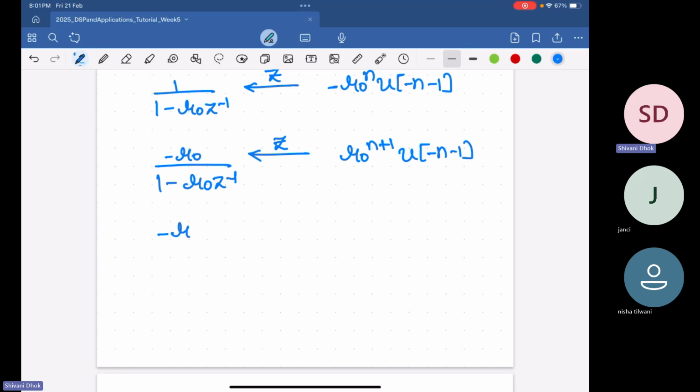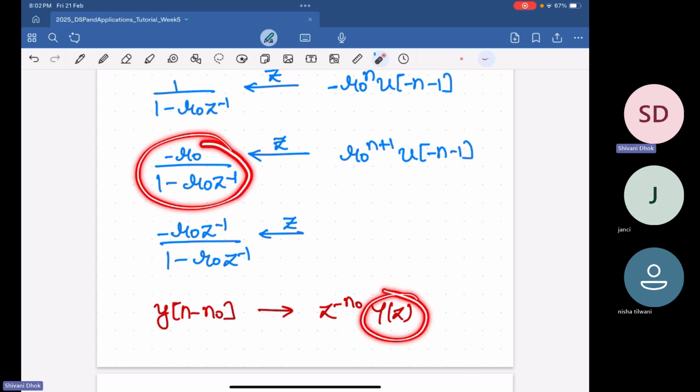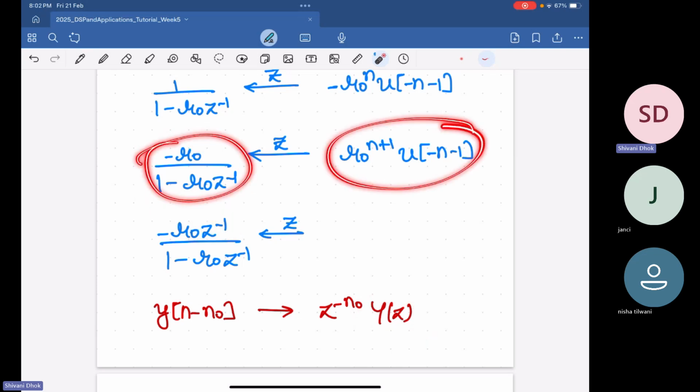So I have minus R0 z inverse upon 1 minus R0 z inverse. For this, we'll use our time shift property. If y(n minus n0) has a z transform as z inverse Y(z), so now we are doing it the other way. My Y(z) is basically this, and then we are multiplying it by a z inverse, which means for this Y(z) we have this y(n).